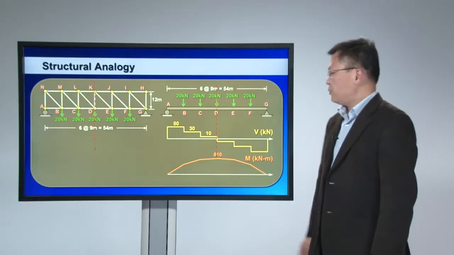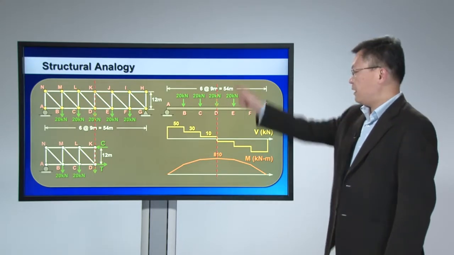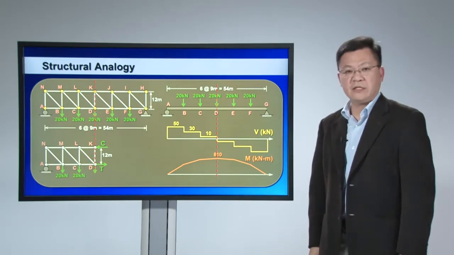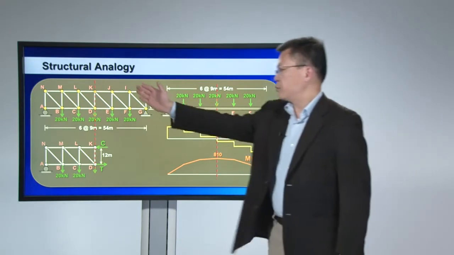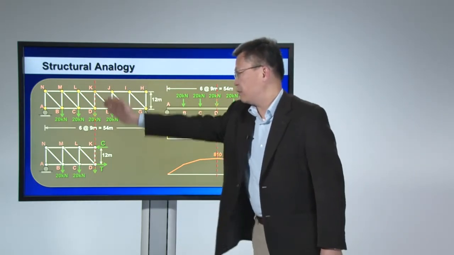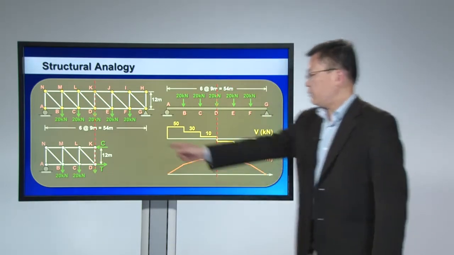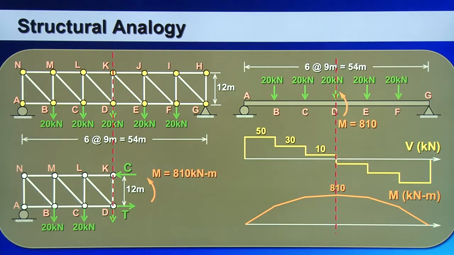Similarly, I can go to the middle cross-section. If I cut a cross-section there, I find that the bending moment at that cross-section is equal to 810 kilonewton meters. If I go over to the truss structure and cut a cross-section at the same location, that cross-section should have the same bending moment based on the structure analogy.